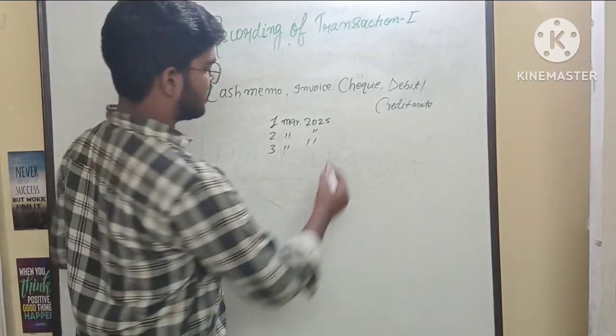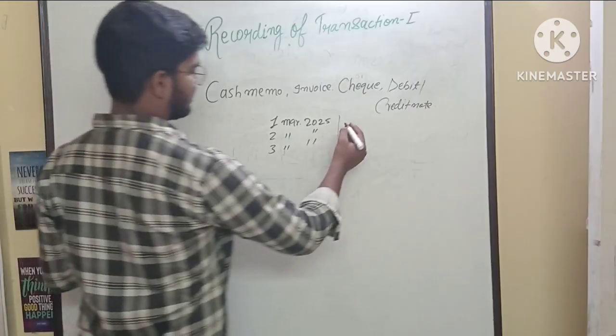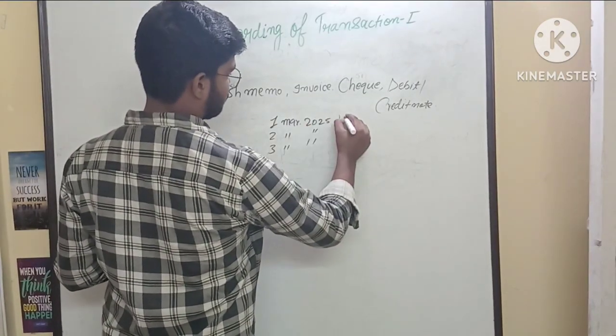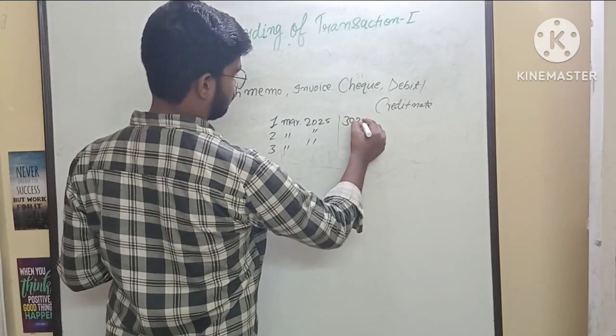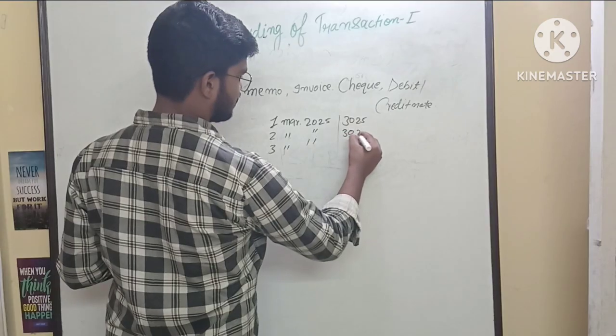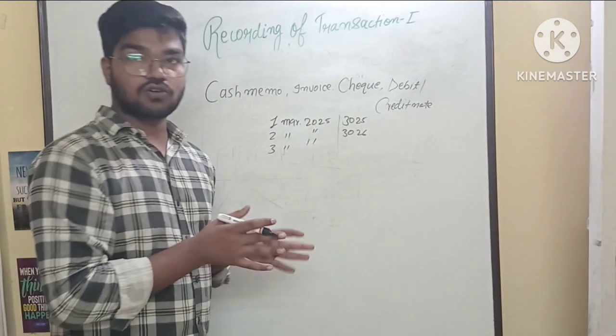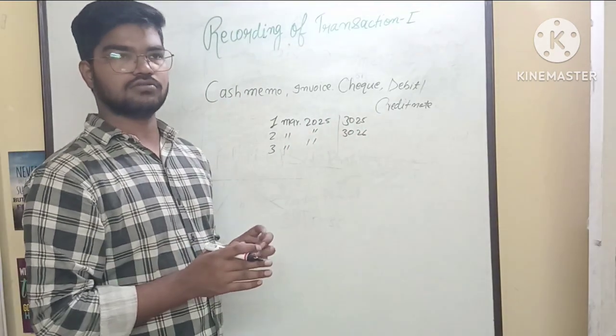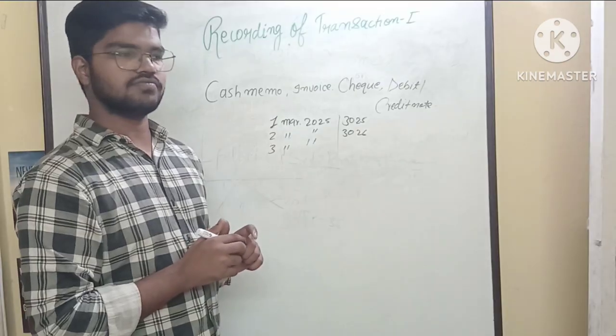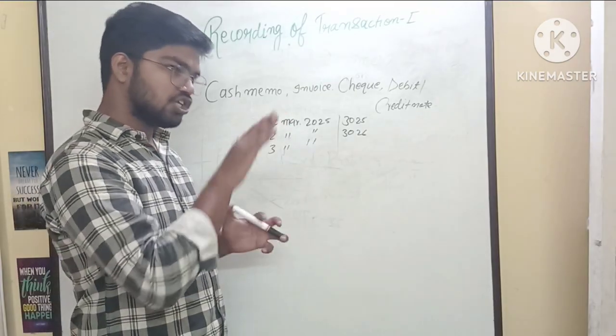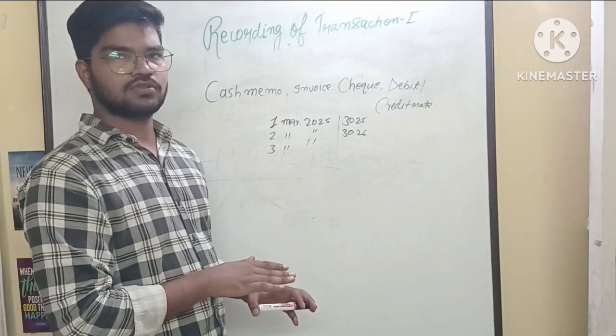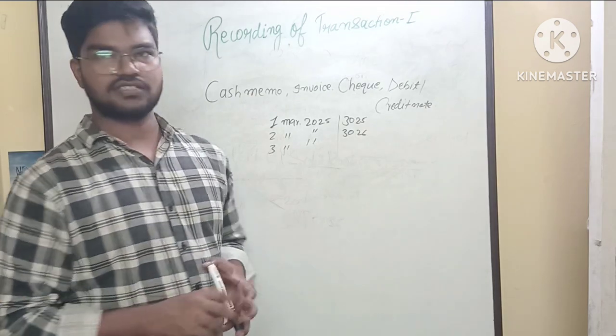If we talk about serial numbers, let's suppose 3025, 3026. So this is called chronological order, which means the sequence should be followed one after another.